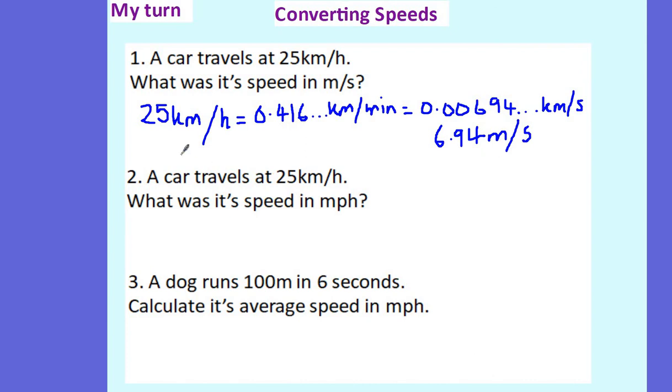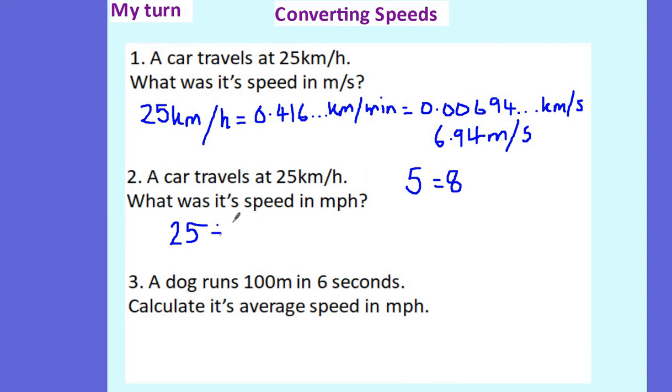For my second example, I've been told a car travels at 25 kilometres an hour. Can I convert that into miles per hour? Now, we did lots of practice of converting kilometres to miles, and what we need to do is divide it by 8, because we know that there are 5 miles in 8 kilometres, so we want to work out how many miles in 1 kilometre.